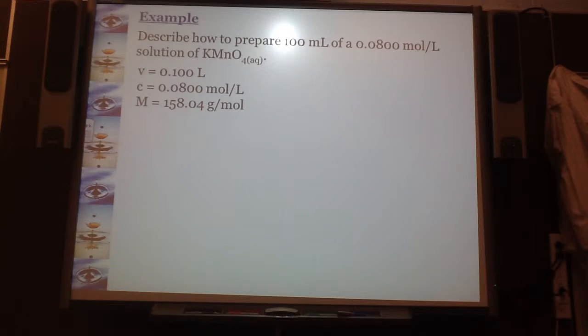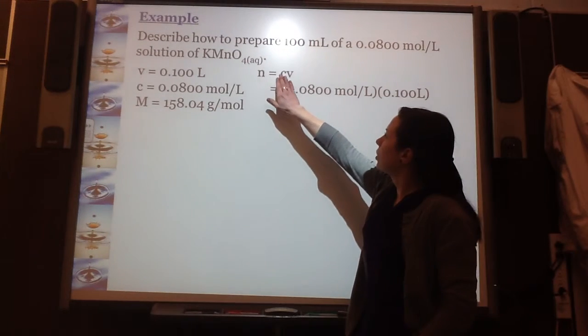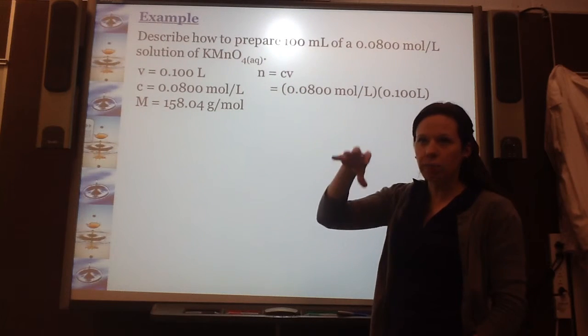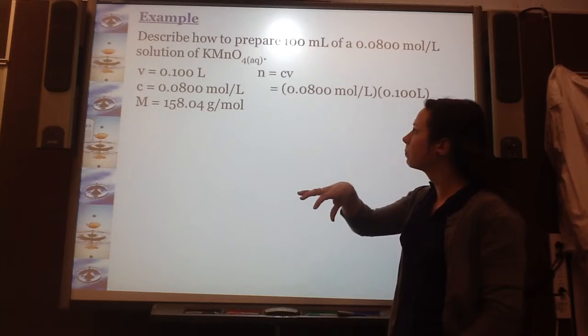So I need to weigh out an amount of solid potassium permanganate. So I need to find out how much I'm going to weigh. So what I'm going to do is we use our moles is equal to concentration times volume to see how many moles of potassium permanganate are in there.